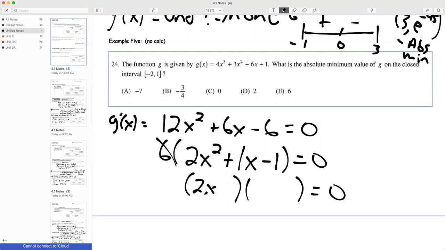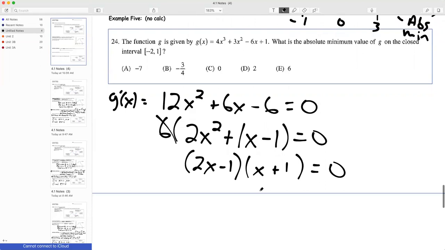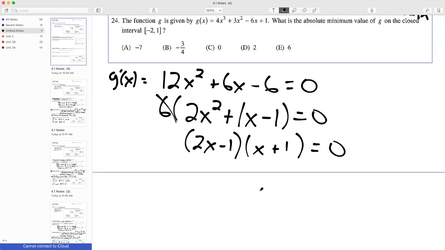Well, see, we got a 2x and an x there, and then let's go -1 and +1. I got it? Yes, indeed. Okay, so now it's factored. Now I'm going to set each of those terms equal to 0 and solve for x. So that's going to give me x is equal to -1 and x is equal to 1/2.